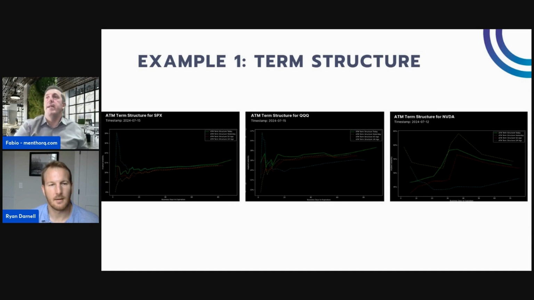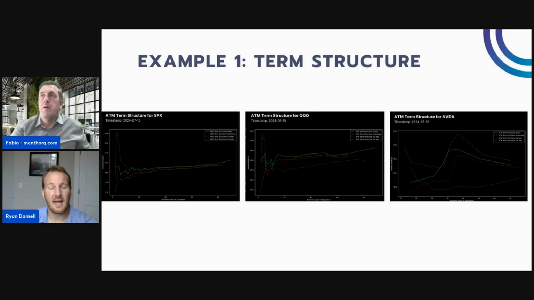So yeah. And really those two things combined, term structure plus skew, it really helps us think about where options are relatively cheap and rich. As traders, we always try to have this idea of what's fair value and then what's relatively cheap and what's relatively expensive right now, particularly when you're a market maker.